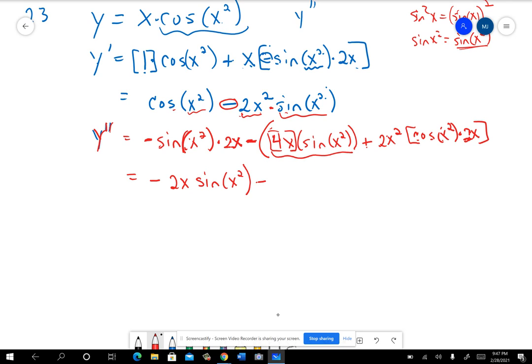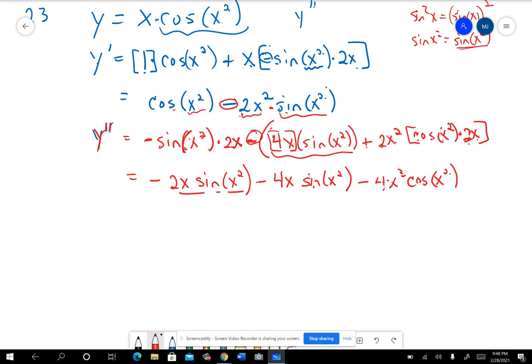So this would be minus 4x sine of x squared. Then this minus times this would be minus, and 2 times 2 would be 4. X squared times x would be x to the third. And then I would have the cosine of x squared.